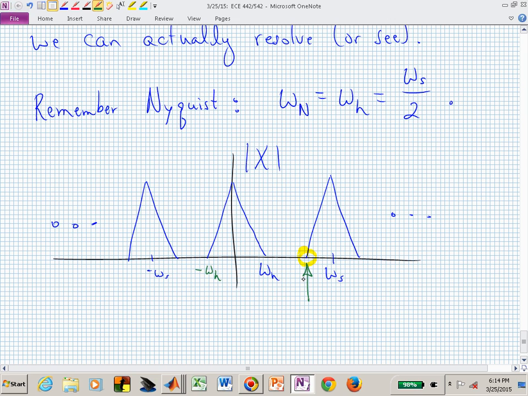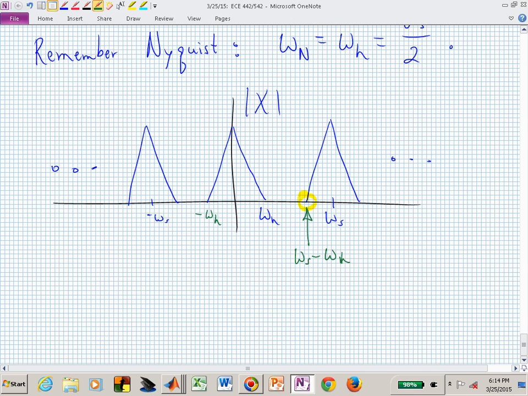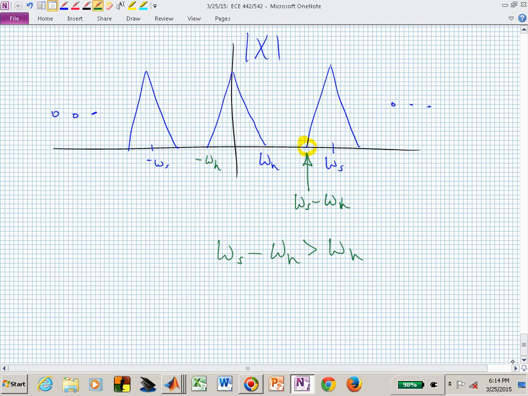So this point right there must be omega sub s minus omega sub h. And we want those to not overlap. So that says that we really need to make omega sub s big enough, so that omega sub s minus omega sub h is greater than omega sub h. Or if we solve that, now we say that omega sub s is twice the highest frequency. And that's where that highest frequency comes from.